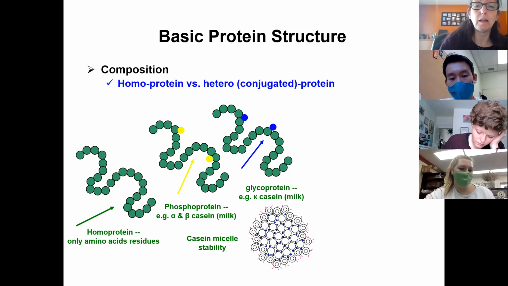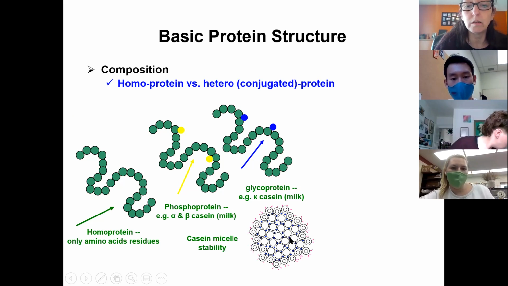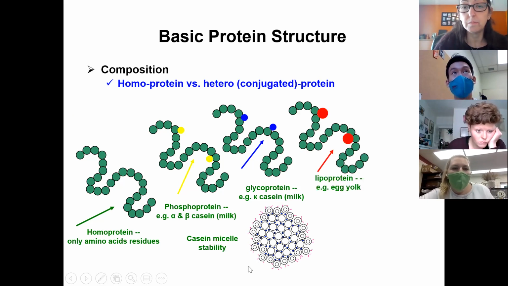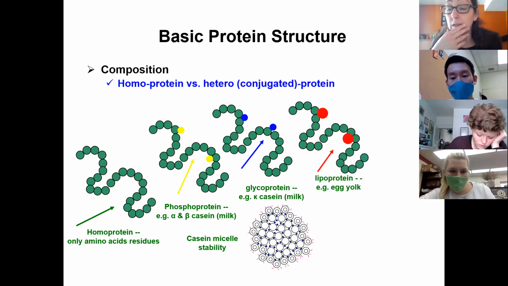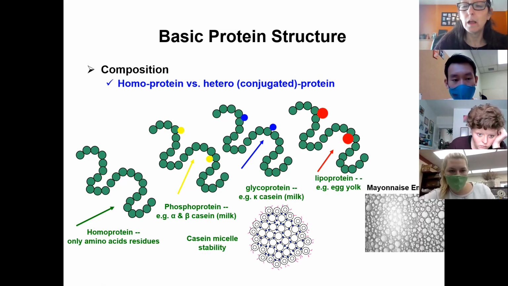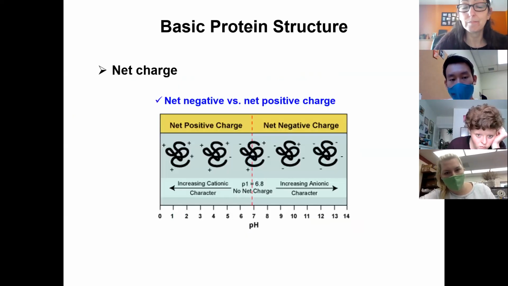So the casein micelle is stabilized because of the presence of phosphoproteins and glycoproteins. The phosphoproteins cause these bridges, and the glycoproteins cause the stabilization of the micelle on the exterior. We have lipoproteins in eggs. We'll talk about them when we talk about egg proteins and their role in emulsification.